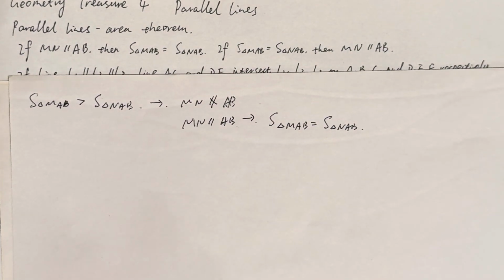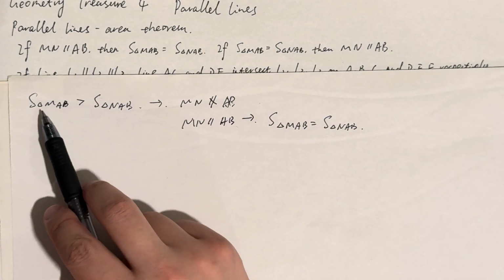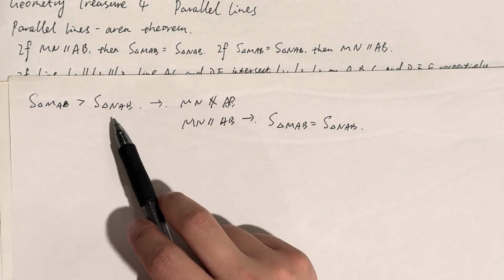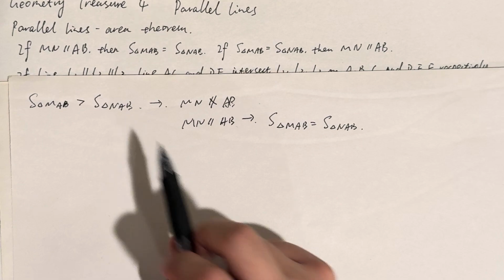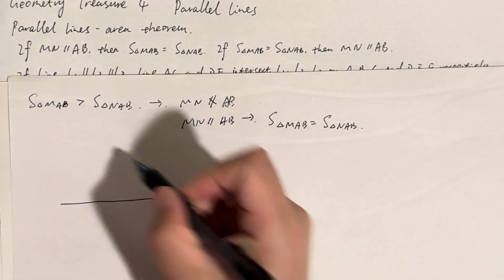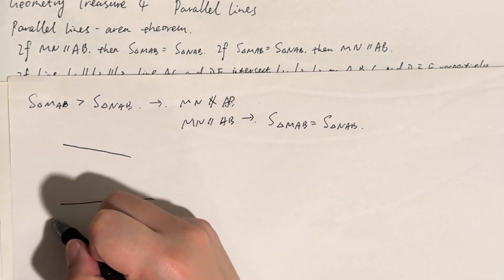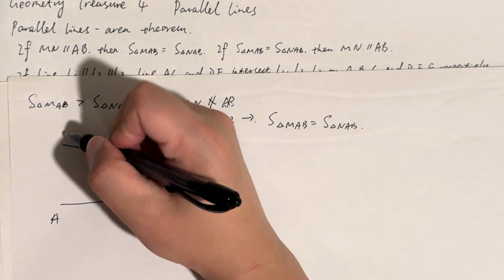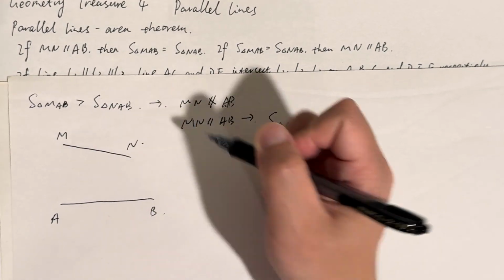Right, we can do this. So think about the area of triangle MAB being larger than the area of triangle NAB, which means AB is here, MN is here.